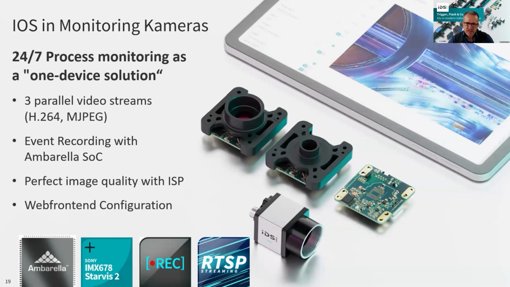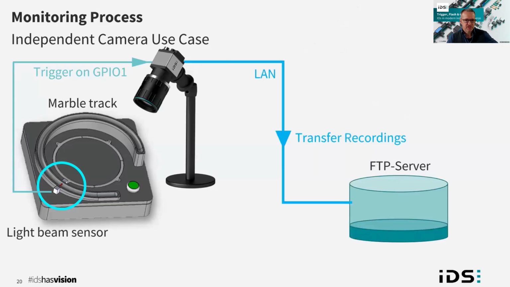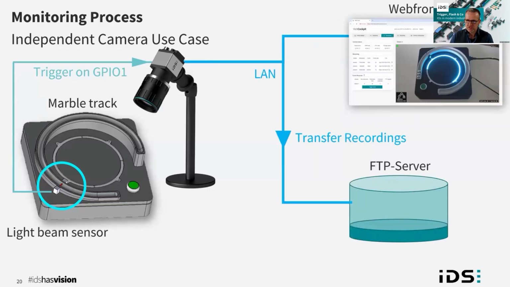Cameras such as our IDS monitoring or streaming cameras generate and record video streams. This means that no images are triggered or flashed. Their inputs can be used to trigger video recordings and transfer them to a storage server, for example.